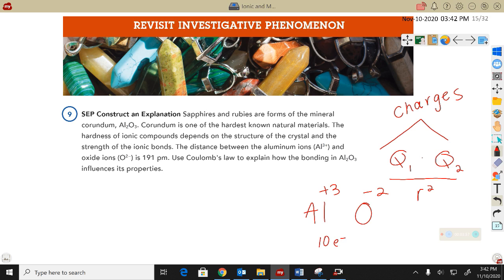When you take their charge into consideration, 10 electrons puts me in the 2nd energy level, which is a pretty small ion, because, I mean, think about it. Hydrogen and helium are probably not likely to form a lot of ions.